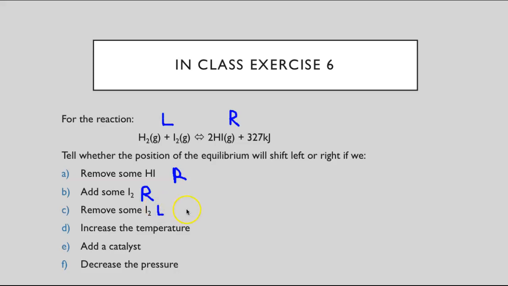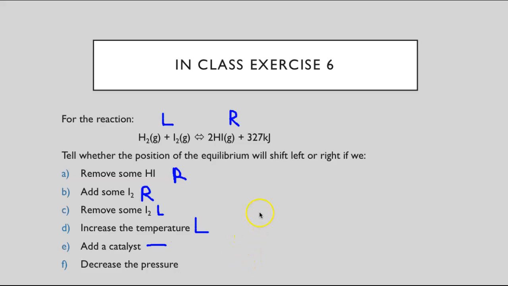Now, if you increase the temperature, temperature is like a product. So it's like adding heat. Where, again, if you add something, it shifts to the opposite side. Heat is on the right-hand side, so it's going to shift to the left. Okay, again, adding a catalyst, no effect.